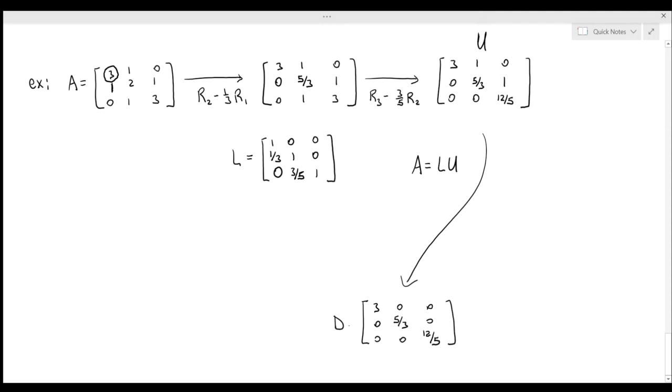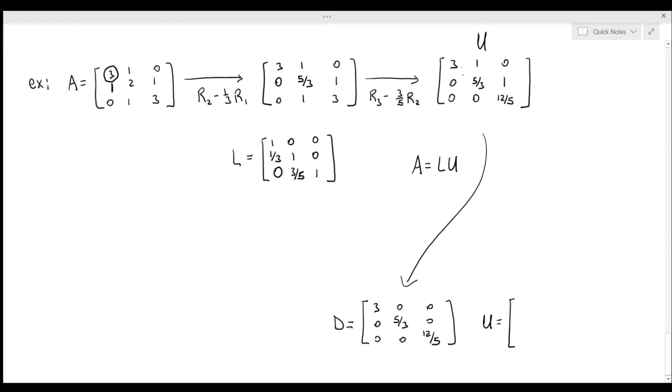So that gives us a diagonal matrix D. And then we're going to get a new matrix U. And this U is obtained by dividing each row of the original U by the pivot, okay?